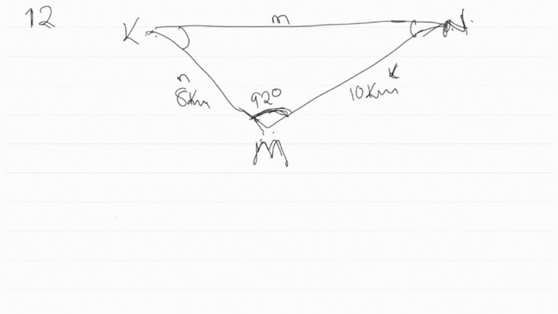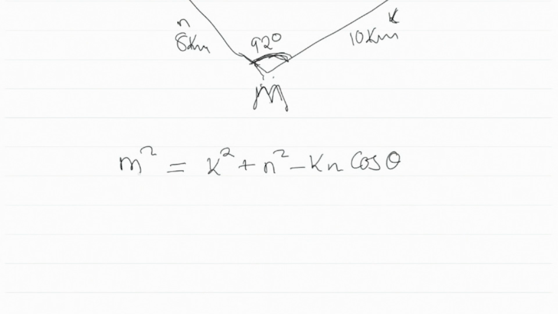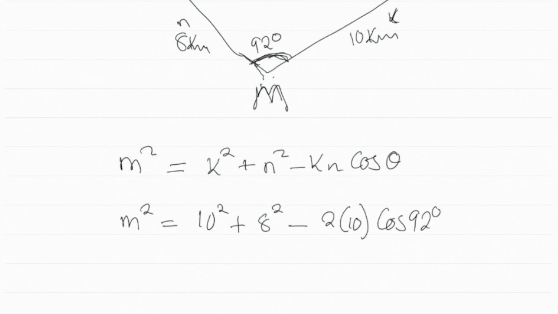So using the cosine rule, we say m squared equals k squared plus n squared minus 2kn cos M. In this question, m squared, which we've been asked to find, equals 10 squared, plus 8 squared, minus 2 times 10 times 8 cos 92 degrees.